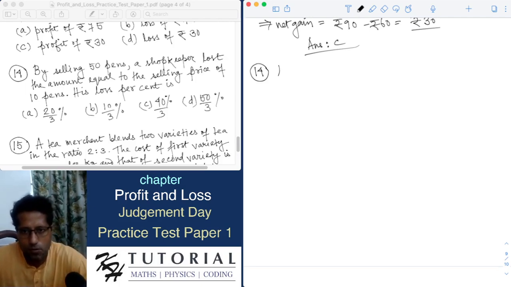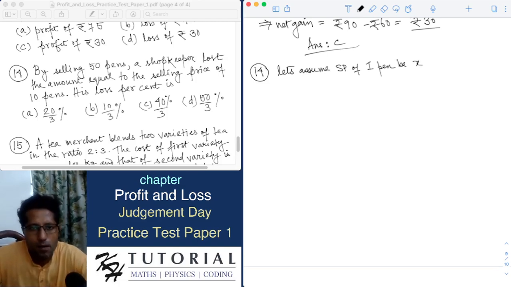Okay, so let's assume selling price of 1 pen be x. This implies SP of 50 pens.